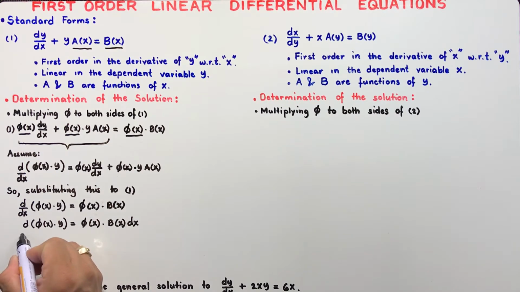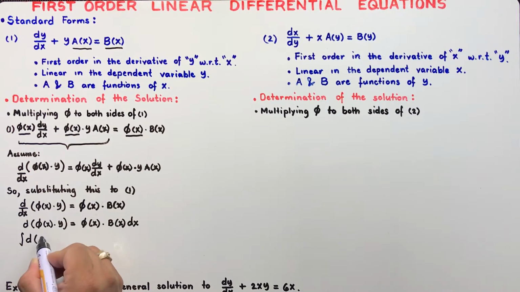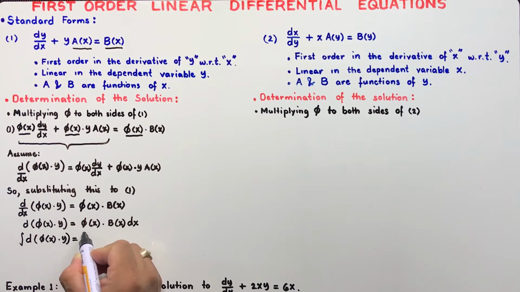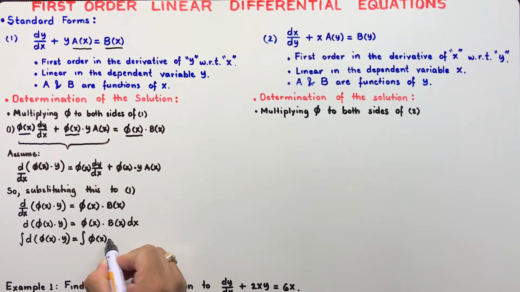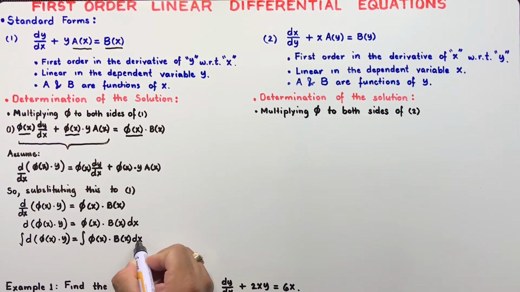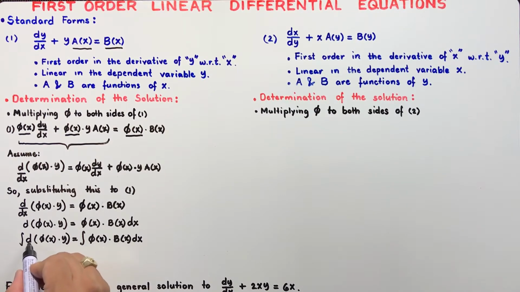So if you integrate both sides of the equation, the integral of the differential of phi of x times y is equal to the integral of phi of x times b of x dx. Then we notice that the integral and the differential cancel each other.